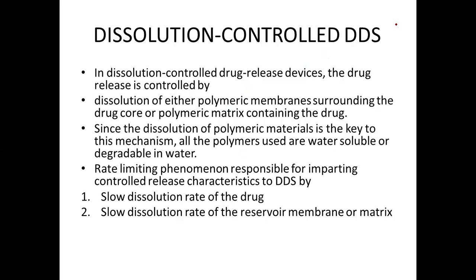In a dissolution controlled system, drug release is controlled by the dissolution of either the polymeric membrane surrounding the drug core or the polymeric matrix containing the drug. Here we have seen different pharmaceutical as well as pharmacokinetic properties that will affect our controlled drug delivery system.